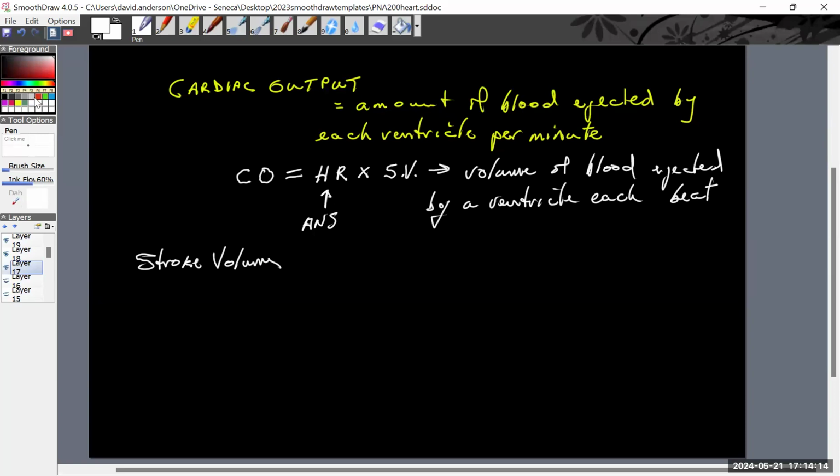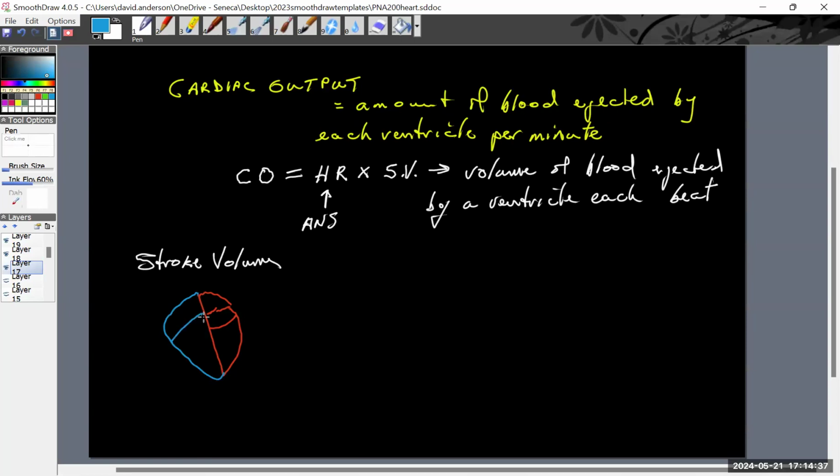So if we looked at half of the heart, so let's say we're going to look at the left heart, and here's the atrium, and blood is going to fill up on the left side of the heart. I'll put the right side in here just so we have a comparison.